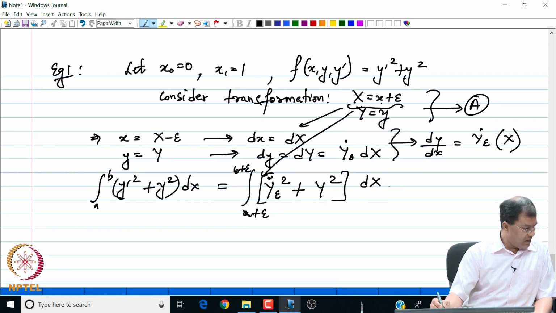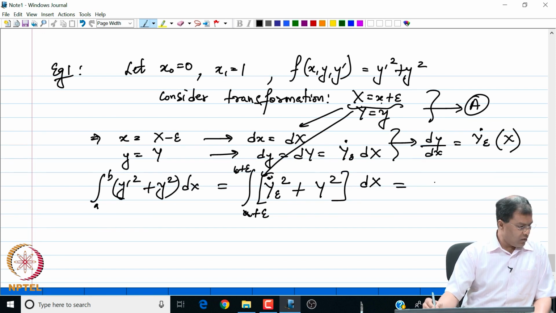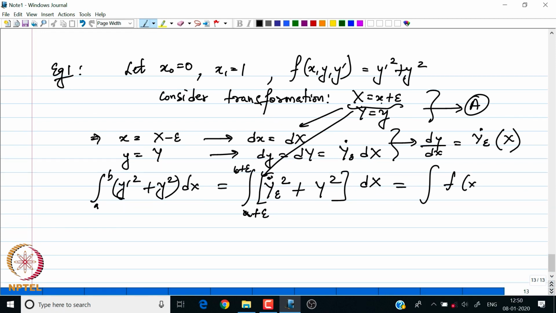So this dx is equal to this, and the functional form in this case is retained. So this is of the same functional form, f of x, y epsilon, y epsilon dot, dx from a plus epsilon to b plus epsilon.